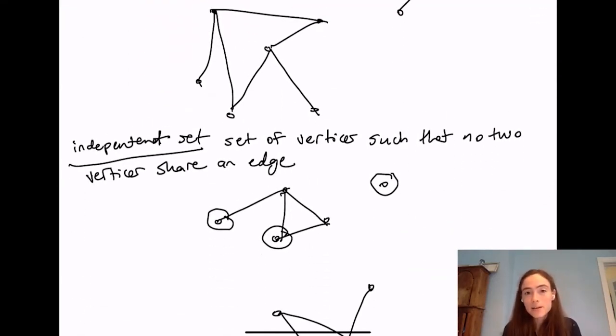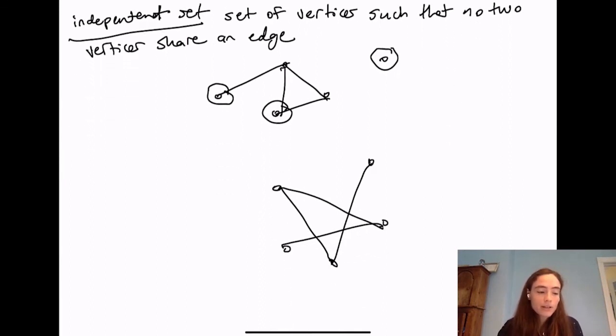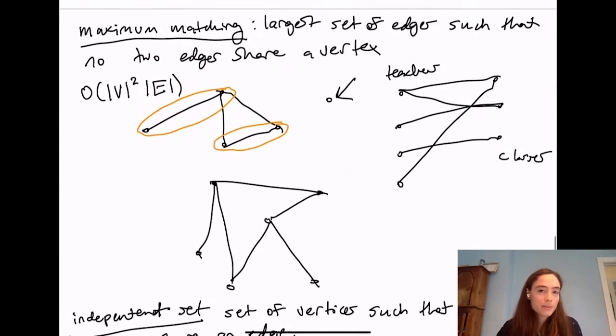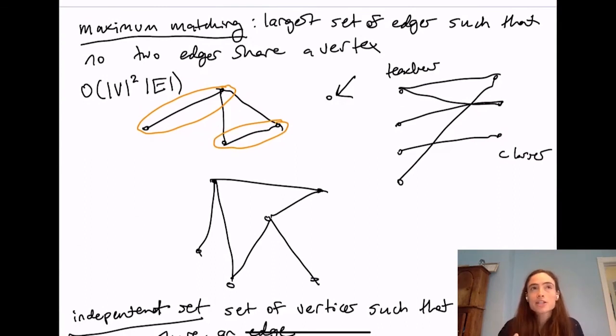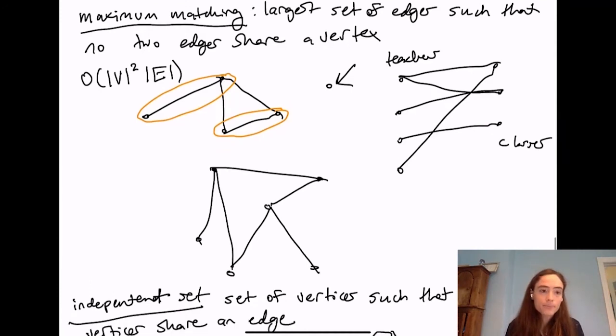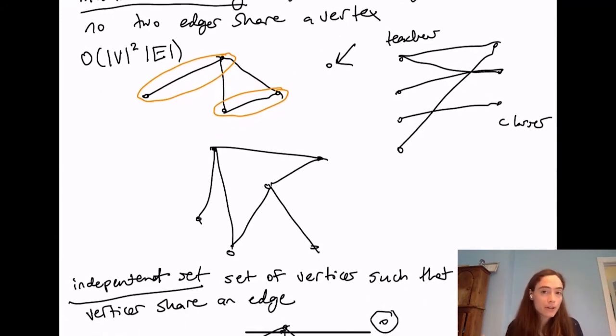So we don't have any polynomial time algorithms to solve that problem. So even though the problems seem similar, they're actually very different in computational time and in algorithms that we need to use to solve them.